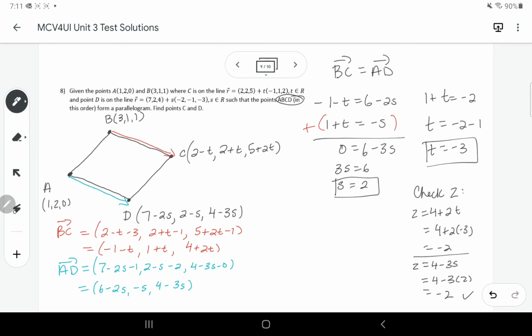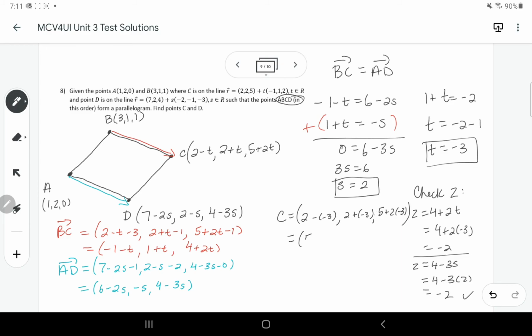So that's good news. So now I can just find point C and D by substituting in the S and the T values. So point C is going to be 2 plus negative 3, and 5 plus 2 times negative 3, getting kind of squished, but that's okay.